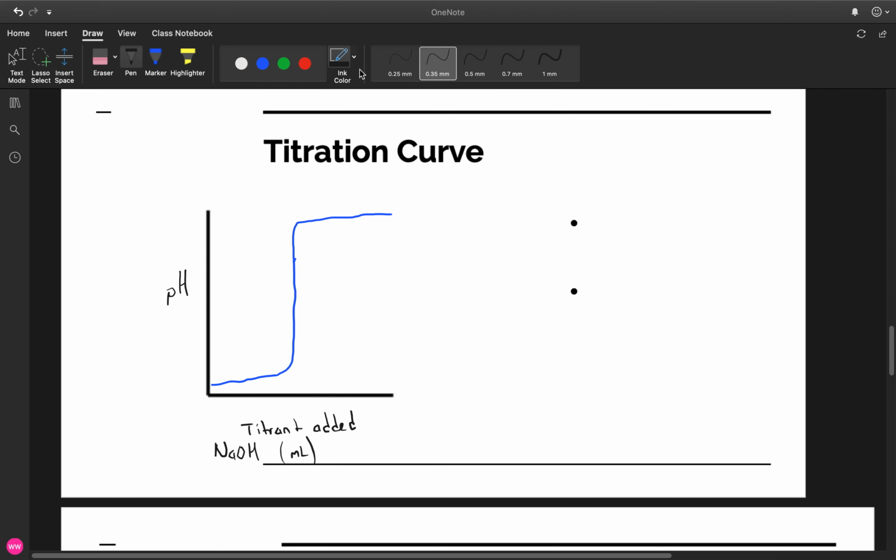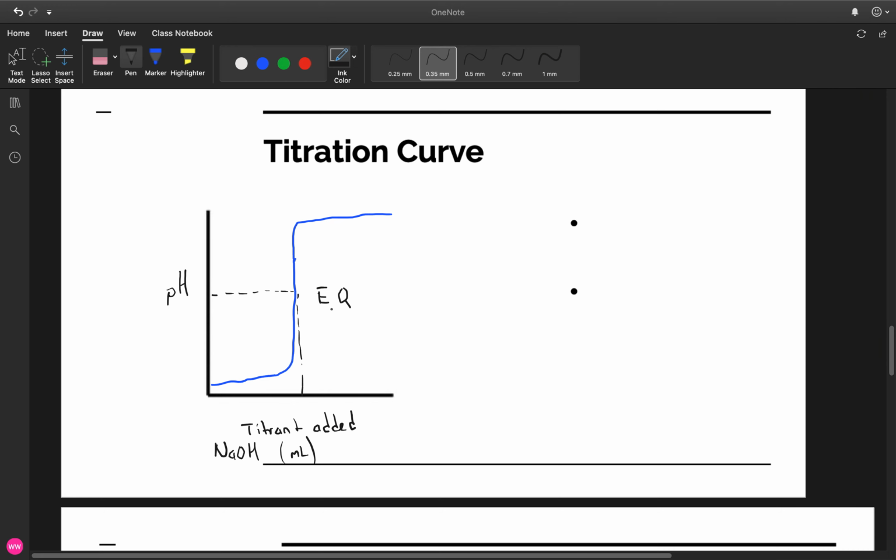So a couple things to note about this. First off, right here where the curve changes inflection is going to be the equivalence point. So once again, where the curve changes its concavity is going to be the equivalence point.